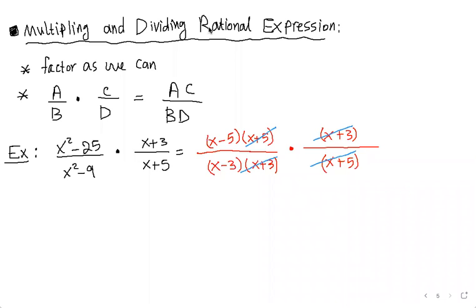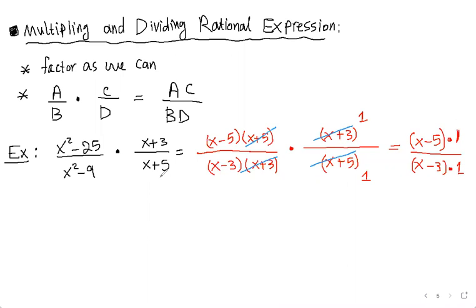So what I get is x minus 5 times 1, because the remainder is 1 here, and here the remainder is 1, over x minus 3 times 1.